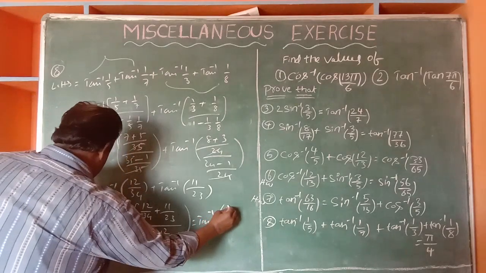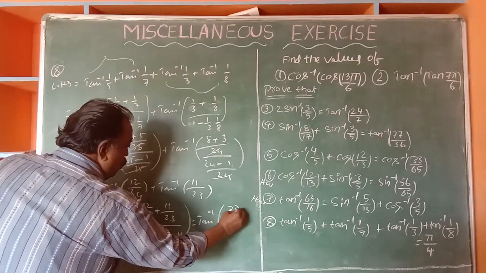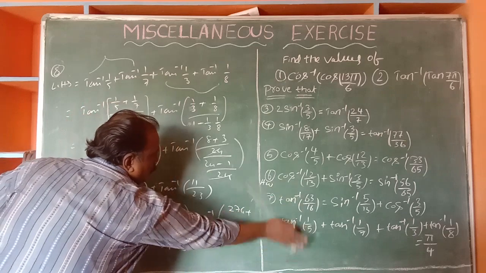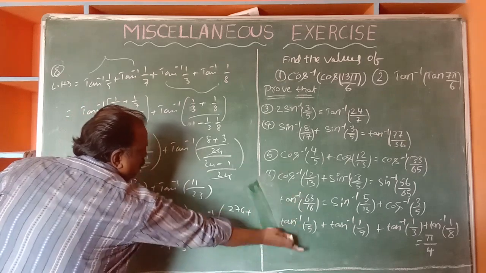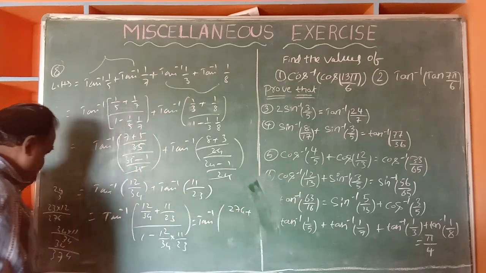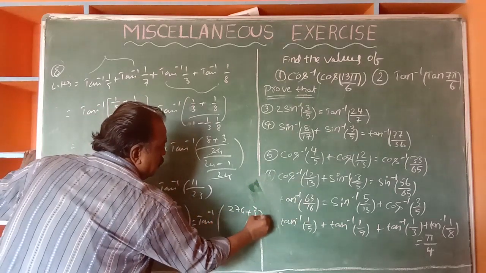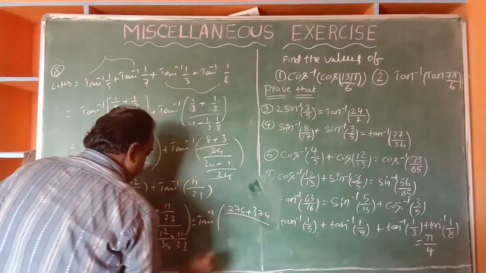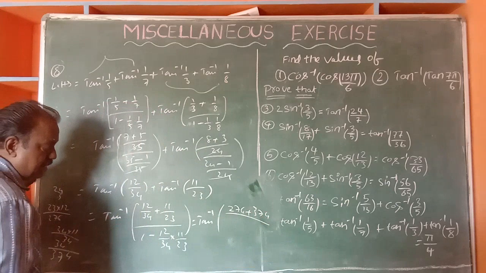So this is 276 plus 374 by, that automatically cancels.